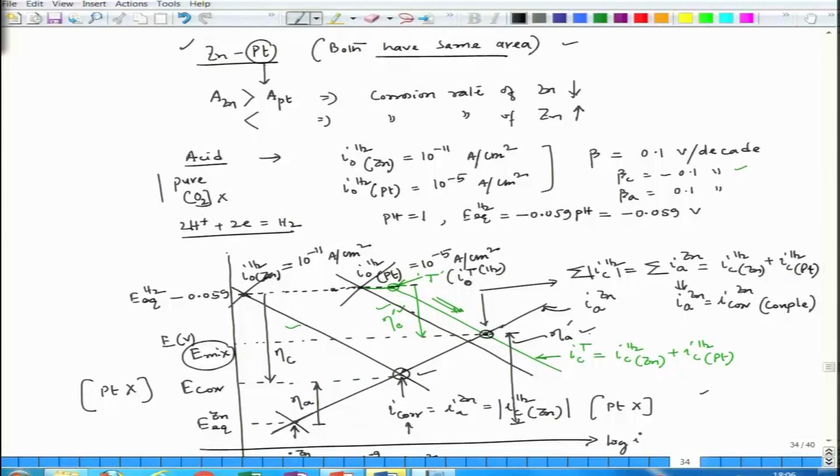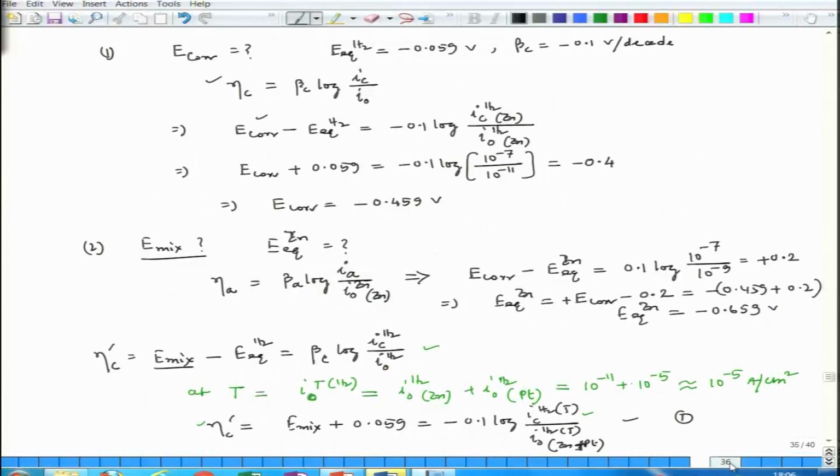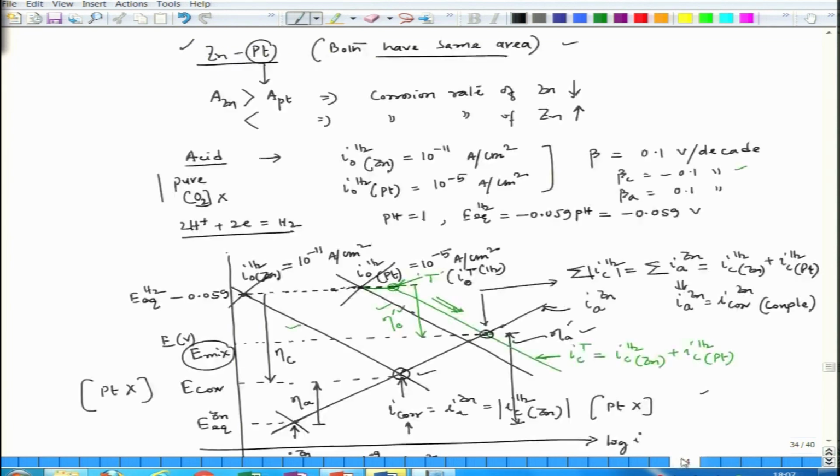The equation becomes eta A prime equal to E_mix minus E equilibrium of zinc. So, this is E equilibrium of zinc.